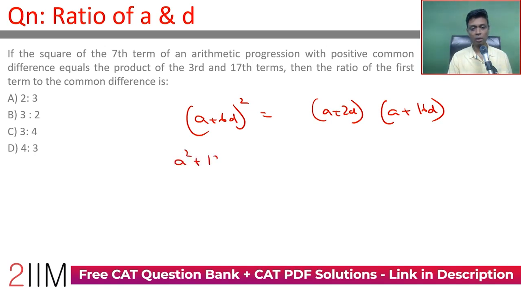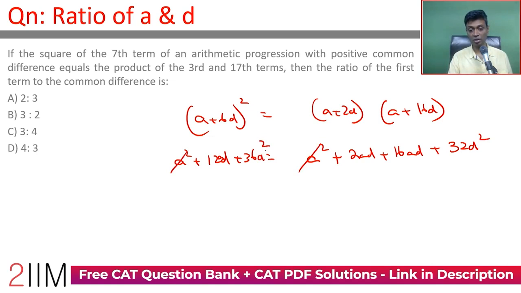a square plus 12ad plus 36d square equals a square plus 2ad plus 16ad plus 32d square. a square gets knocked off. This is 36d square, sorry. So 36d square, 32d square.